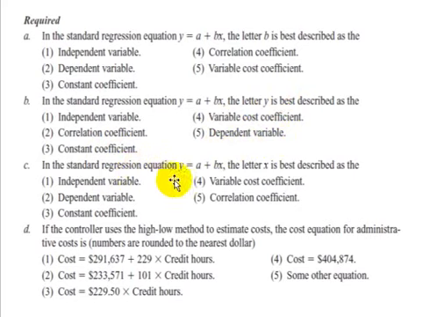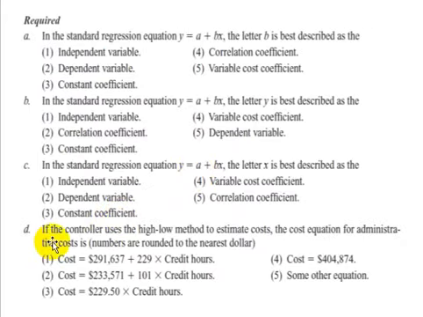The letter x is best described as: independent variable, dependent variable, constant coefficient, variable cost coefficient, or correlation coefficient. X represents the independent variable. This is the answer: for A, variable cost coefficient, B represents the dependent variable, and C the independent variable.